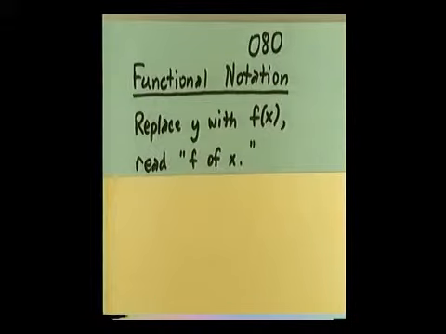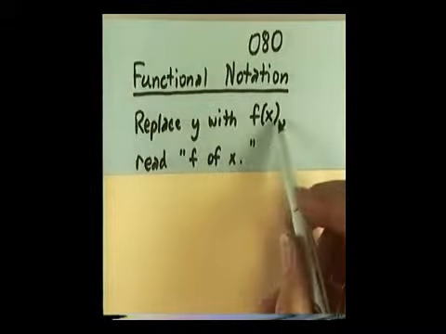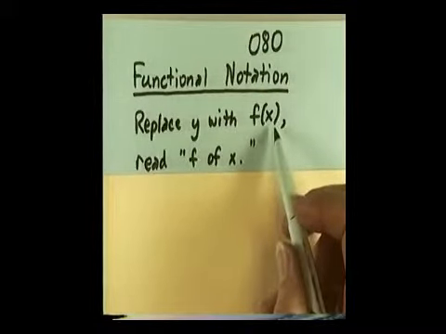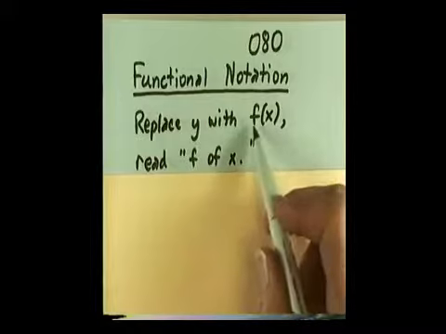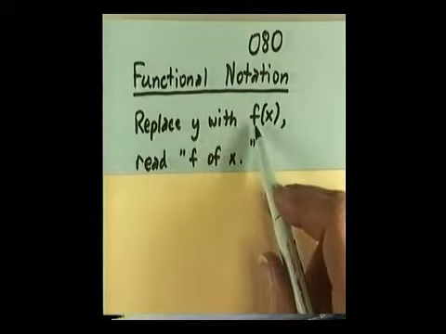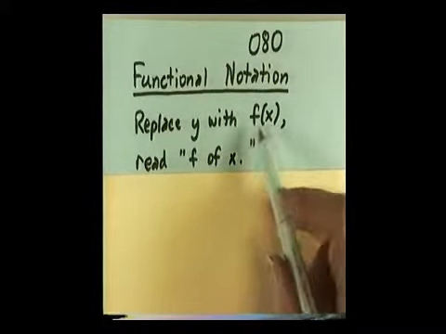This is an unfortunate notation in one respect. It looks as if we're multiplying. This looks like an f times an x. It is not. It is not multiplying. We're simply using this symbolism to replace the letter y. This stands for the function of x, f of x.